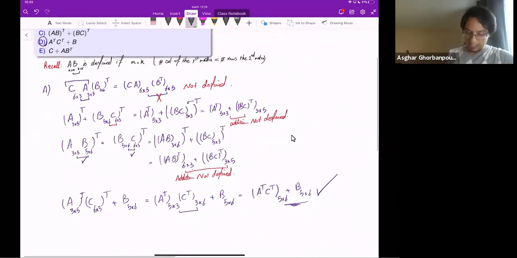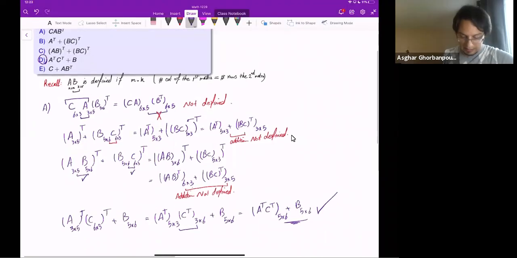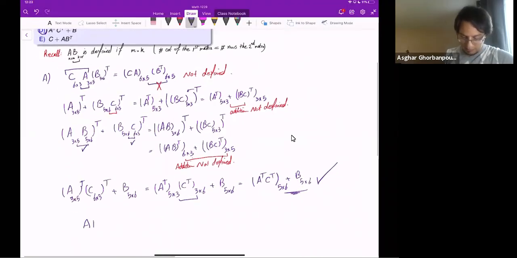Why is C not correct? Because you already did. Okay, so A times B transpose. Let me quickly write this. C plus A, B, and then transpose. A is 3 by 5, B is 5 by 6, and this is 6 by 3.